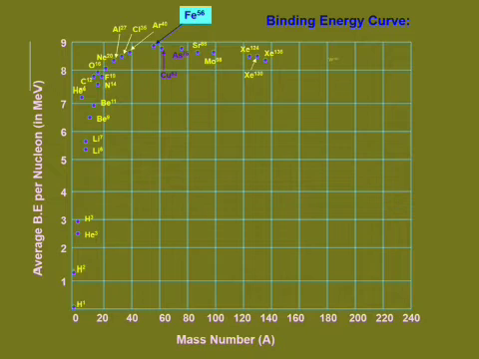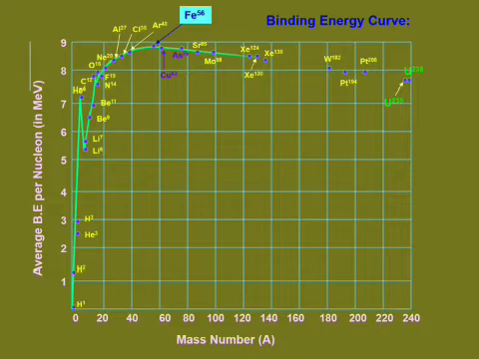Initially there is a rapid rise in the value of binding energy per nucleon. Between the mass numbers 4 to 20, the curve shows cyclic occurrence of peaks, considered to be 2He4, 6C12, 8O16 and the element with mass number 20, which show that the binding energy per nucleon is greater than those of the immediate neighbors.